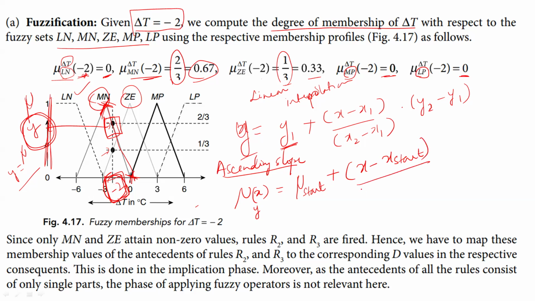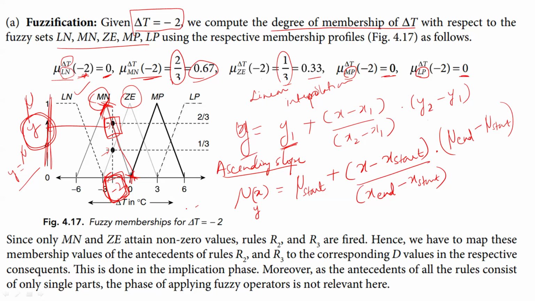And then the second, x2, is written as x end, and x1 as x start. Okay, so these are the points. And then you need to have y1 and y2. In our case, it is mu of end minus mu of start. So this is the basic idea of the slope that we are trying to find out.